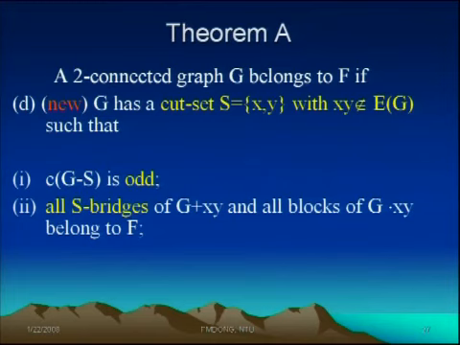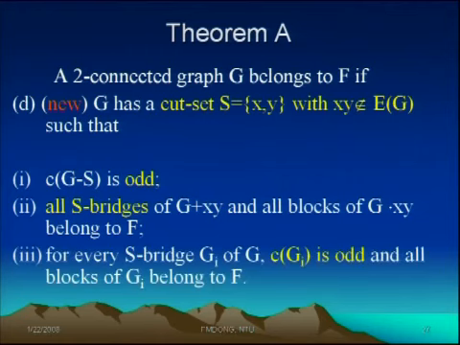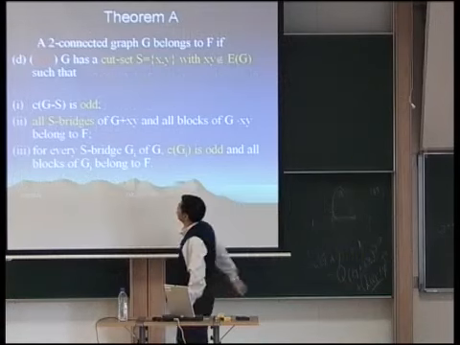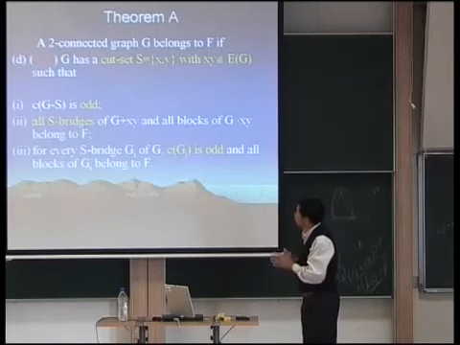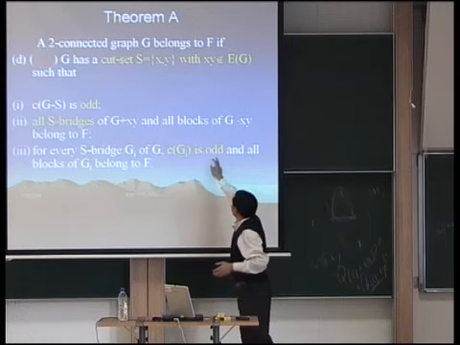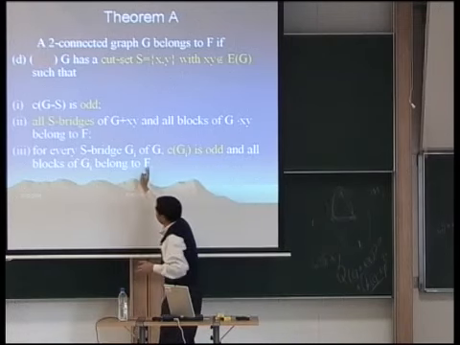First, G minus S has an odd number of components. Second, all S-bridges of G plus XY and all blocks of G contract XY belong to F. It's the same. But we need one more: every S-bridge G_i of G, without doing anything, don't add an edge, don't contract, just take every S-bridge G_i, the number of components must be odd, and all blocks must be in F.